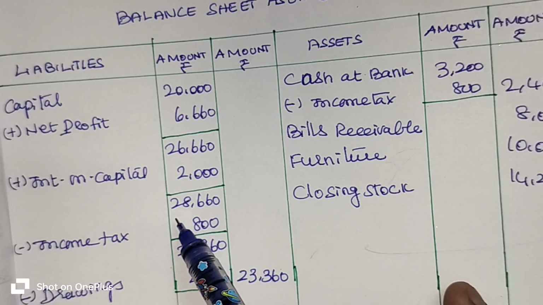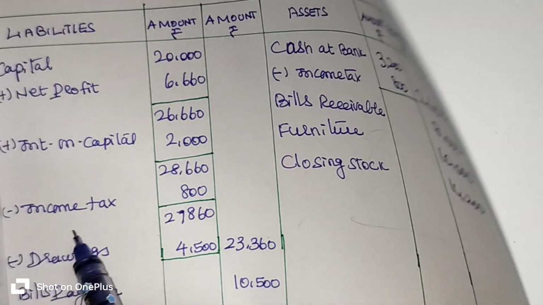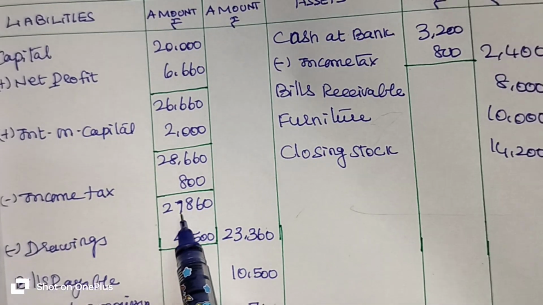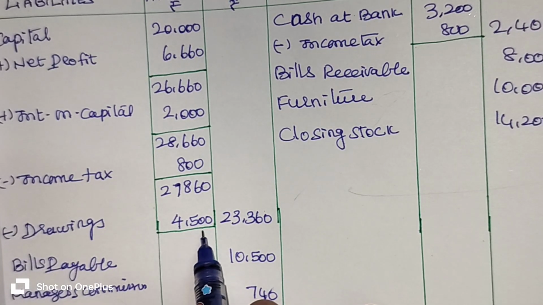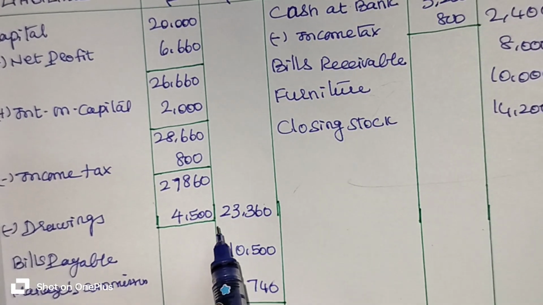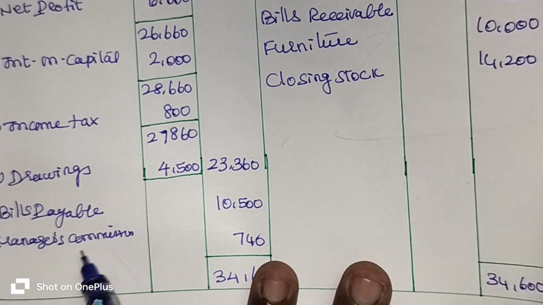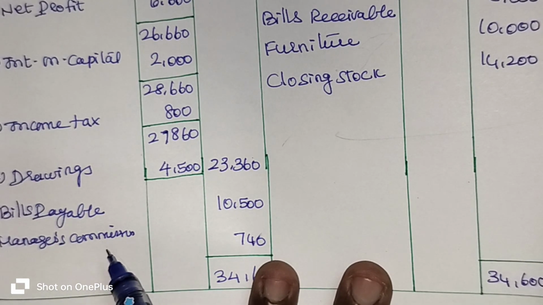After adding we get 28,660 rupees. Then we subtract income tax 800 rupees and get 27,860. Then we subtract the drawings 4,500. Finally we get 23,360 rupees. Then bills payable and manager's commission, as per the format, we enter on liability side.